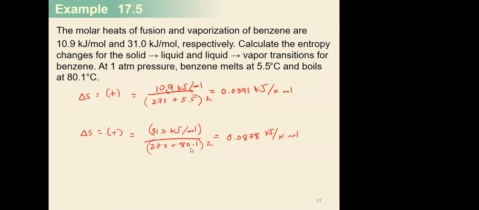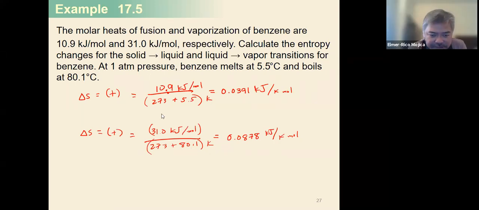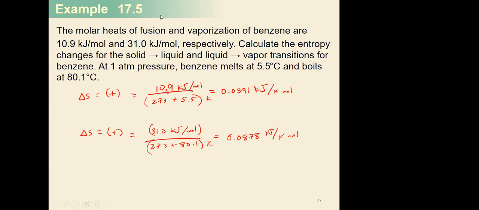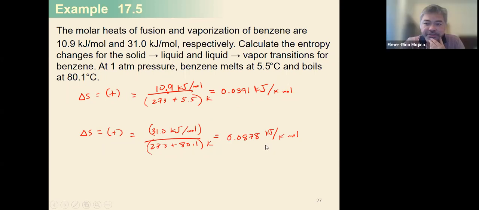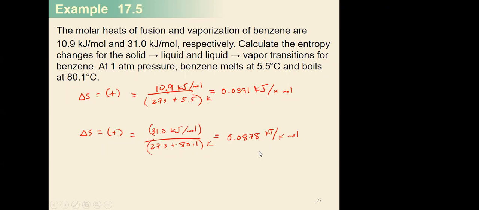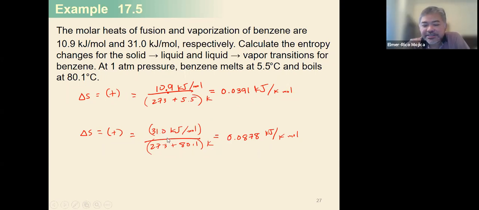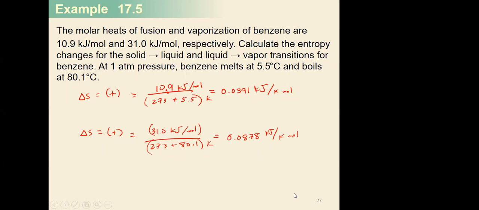Am I missing something? Oh, it should be 80.1, I think this is a 31.0. Yep. I got 0.08779. So if you're going to round it up, it will be 0.0878, because I need to express it in 3 significant figures. Yes, that's right. Okay.